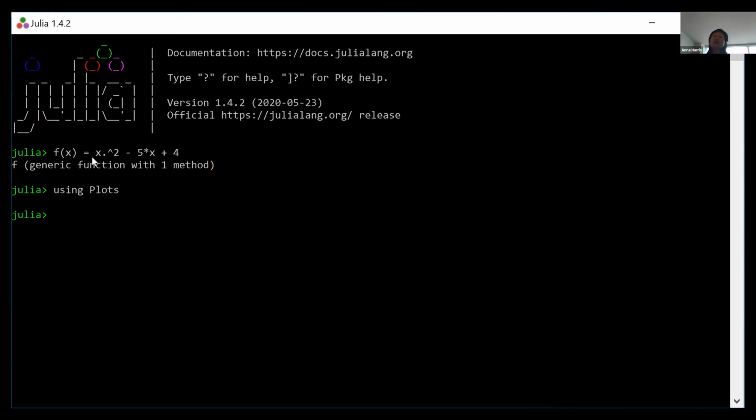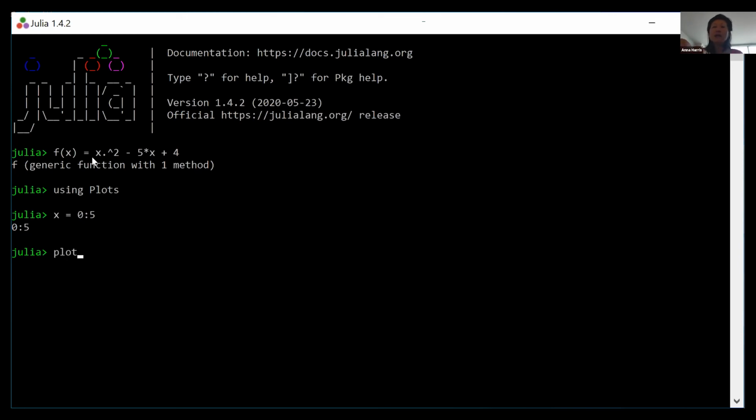All right, so using Plot is already loaded now, so I can start using plot. Now I'm going to give my x values to evaluate. I'm going to use my x to be between 0 and 5.